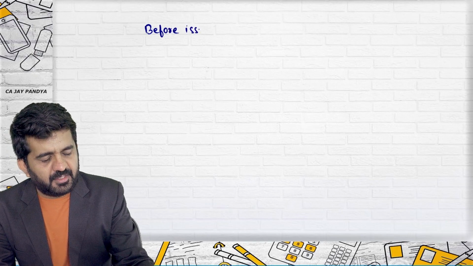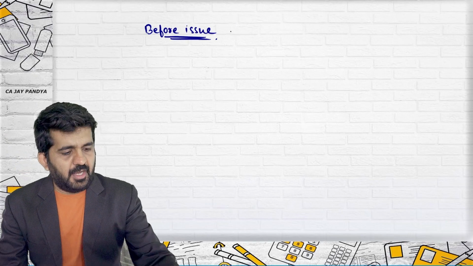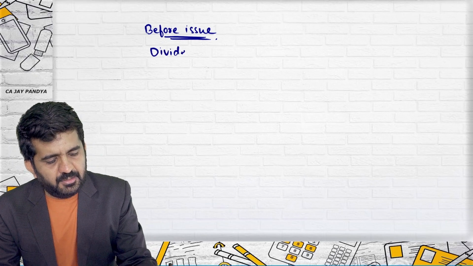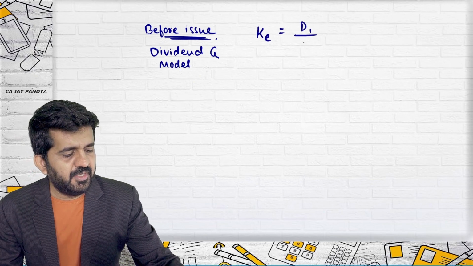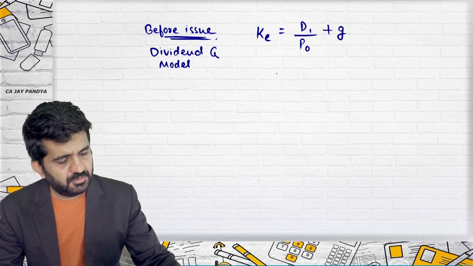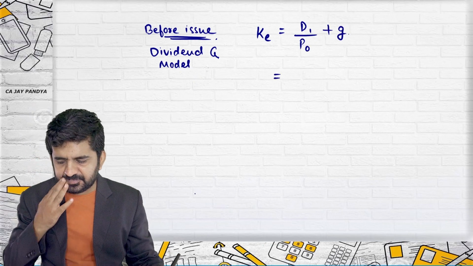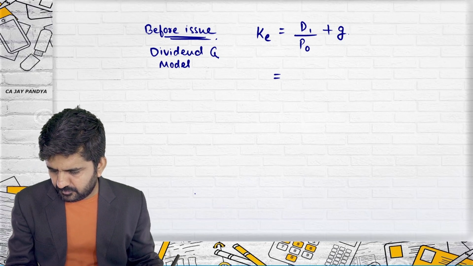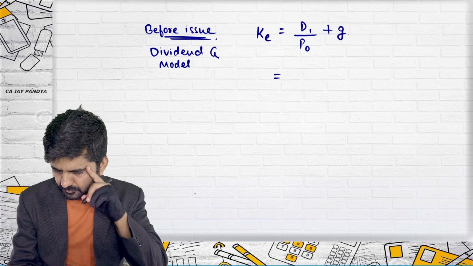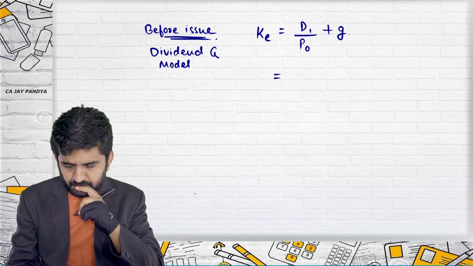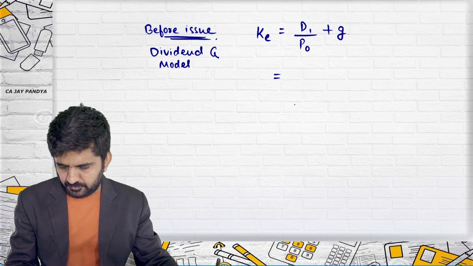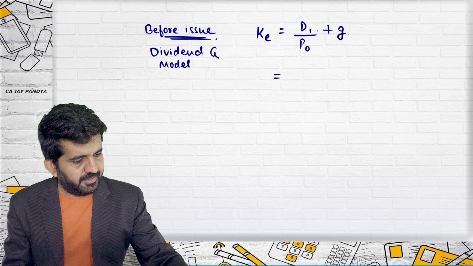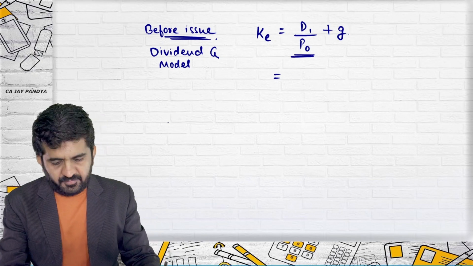Start. Before issue in the market, I am using the dividend growth model to find out KE: D1 upon P0 plus G. What is not given is P0.